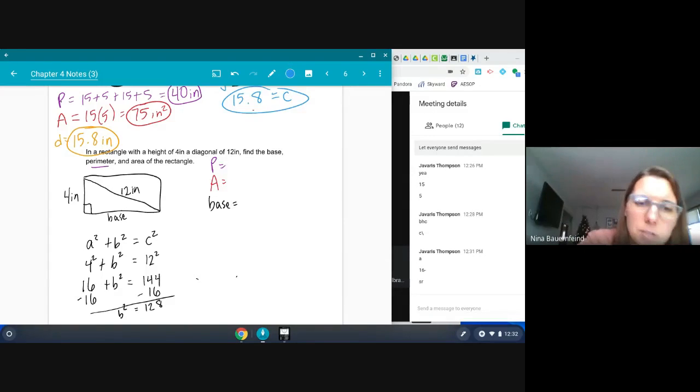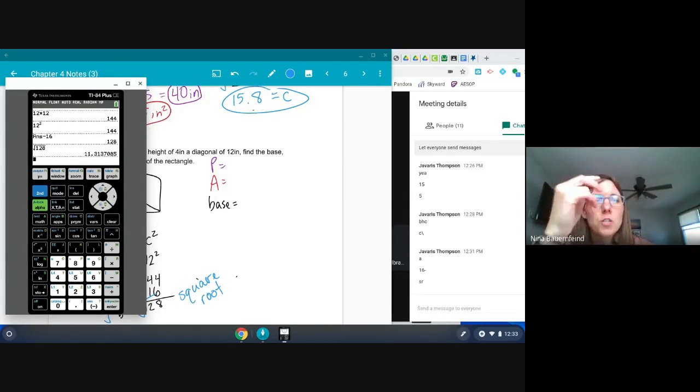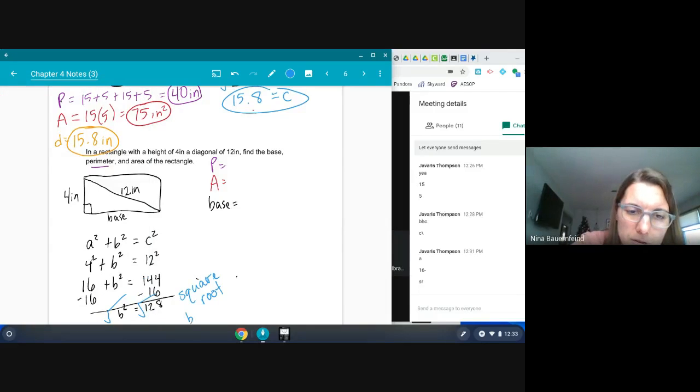Good, square root. So this move in blue is square root. So when we do that, we get 11.31. Since it's a 1, it's going to stay 11.3. So the base is 11.3 inches.